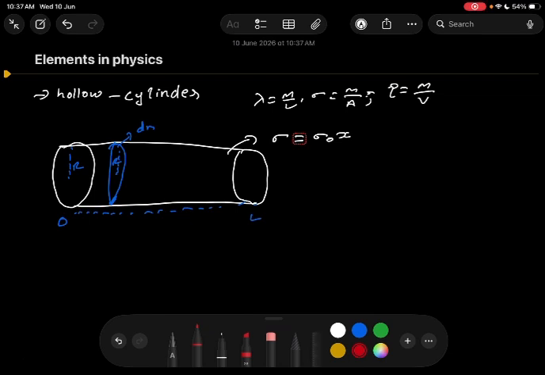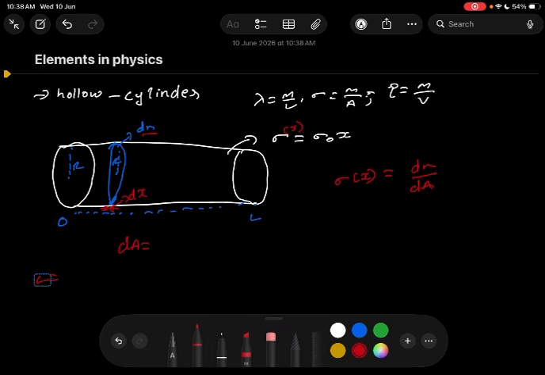Since we are considering a small dm, sigma of x is equal to dm by dA. Up to here everyone is able to get it, I hope so. And dA equals length into thickness. Let's say the thickness is some dx, and the length is L equal to r theta.